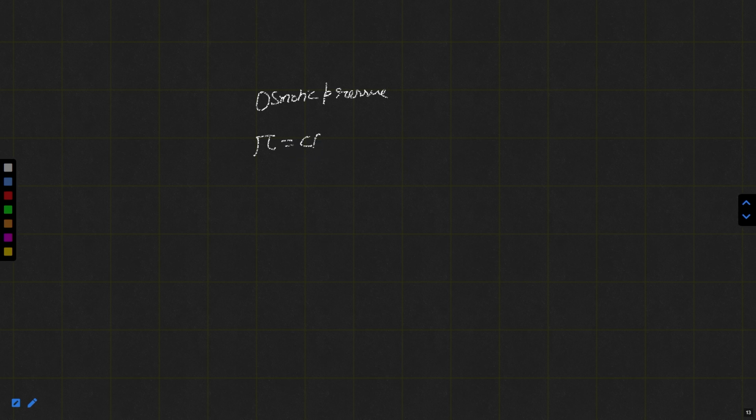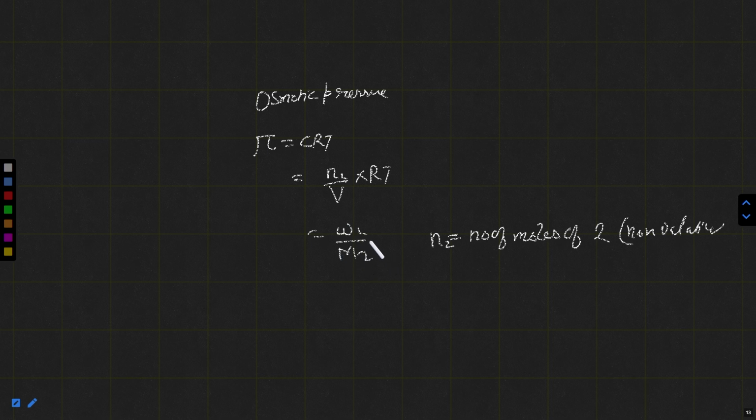It is equal to CRT, where C is the concentration, termed as molarity, so we write this as N2 by V into R into T. N2 is the number of moles of 2, which is non-volatile, and N2 is equal to W2 by M2. Wholly we can write it as W2 RT by M2V.